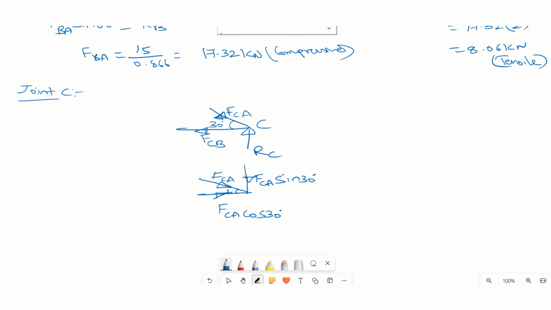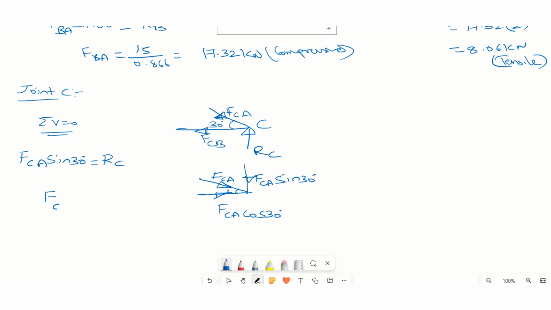From this figure, now apply the sum of the vertical forces equals 0 first. In the vertical forces, this is the upward reaction and this is downward. Equating those two, FCA sin 30 equals RC.